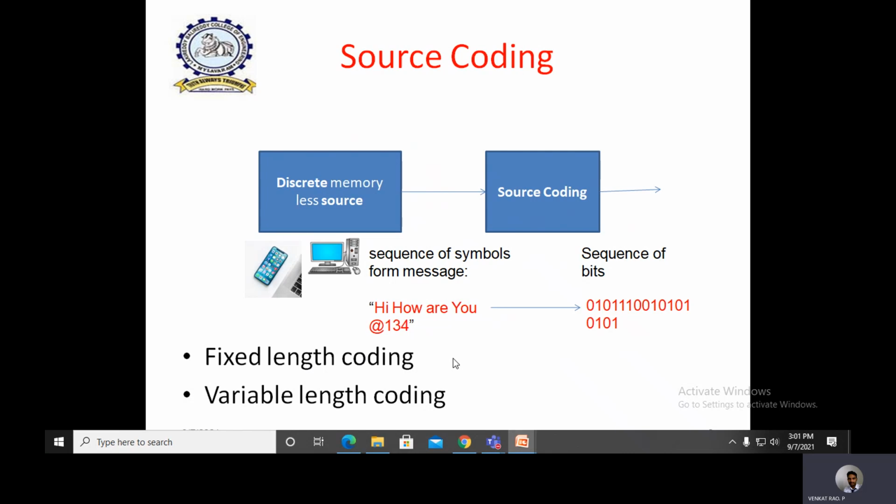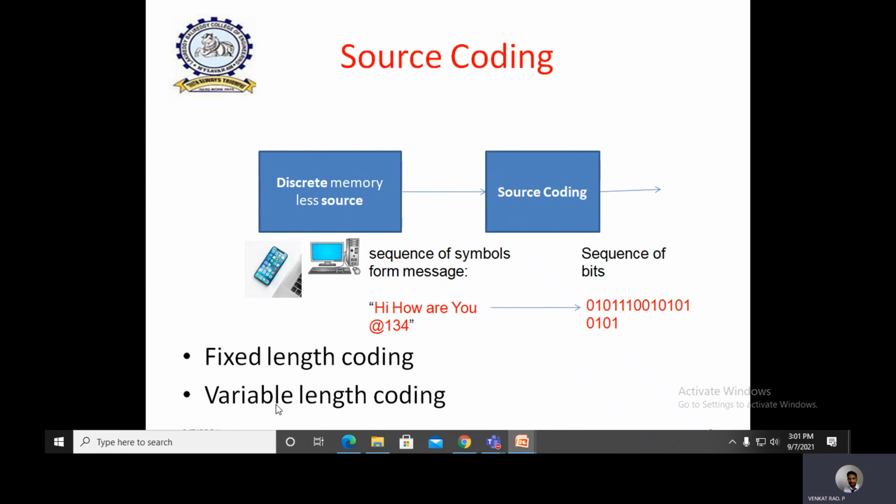For example, if you transfer a 10 MB image through WhatsApp, the size will be reduced, because the WhatsApp software applies a source coding technique as a compression technique. Size reduced means the number of bits is reduced, because of using variable length coding.